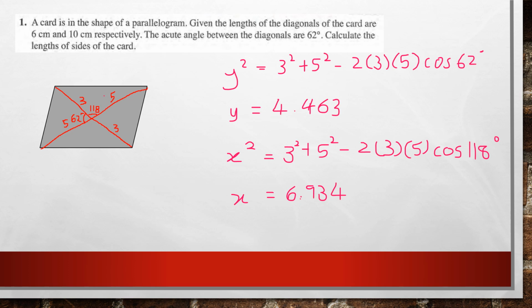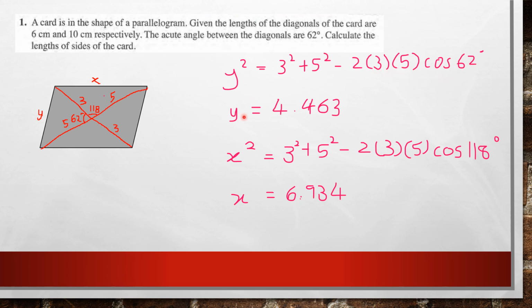So now I label this side as Y and this side as X. They ask to calculate the length of the sides of the card. So for Y, you want to calculate the side here. We use the cosine rule: 3 square plus 5 square minus 2 times 3 times 5 cos 62.